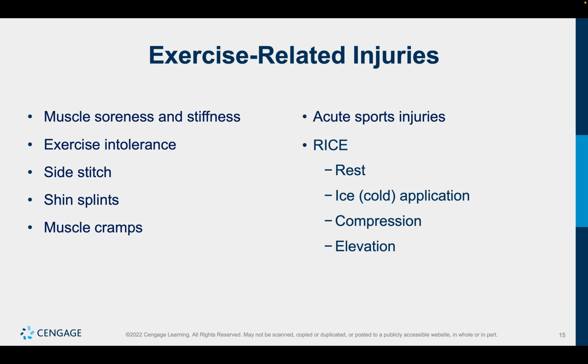Because they have not been active, they start exercising and then they feel that they cannot move. Their muscles and their body are so sore and stiff that they feel that exercise is killing them. That is a physiological adaptation of your body. It will get better. But nonetheless, muscle soreness and stiffness are consequences of exercise.